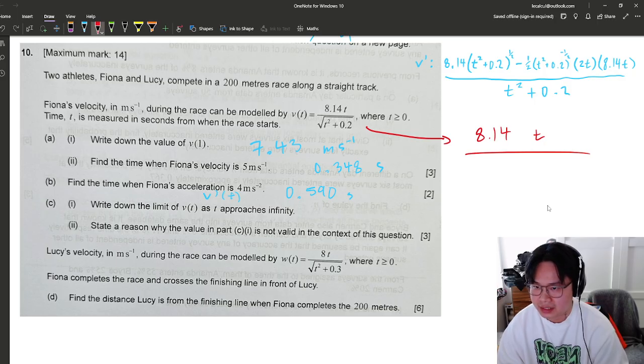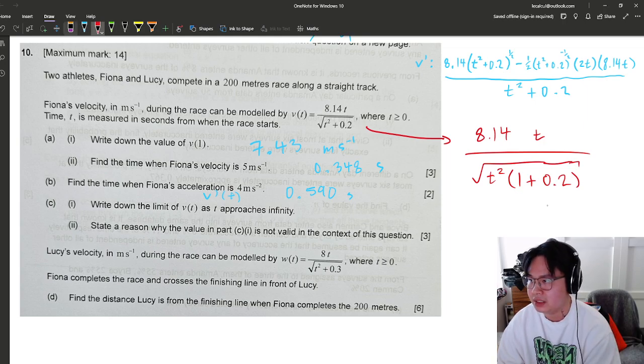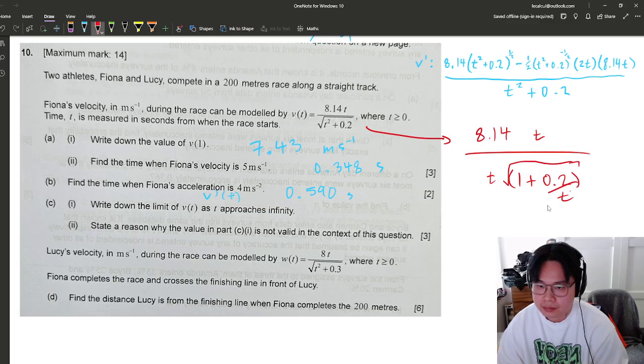And then t is positive, so when we factor out the t squared, this thing is going to become just positive t. These are going to cancel.